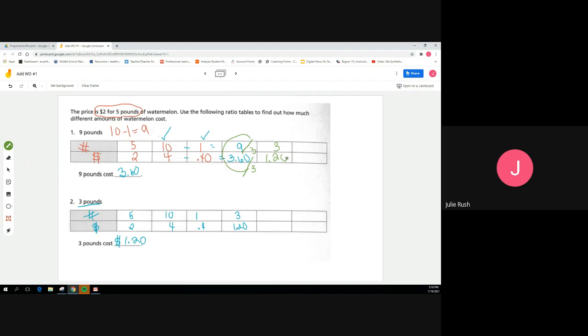And then $3 divided by 3 is $1. So just by knowing this, I was able to jump straight to that in one step. I modeled this one as if this was the only problem we were doing. So remember, you can use the information in your previous ratio tables to help you solve.